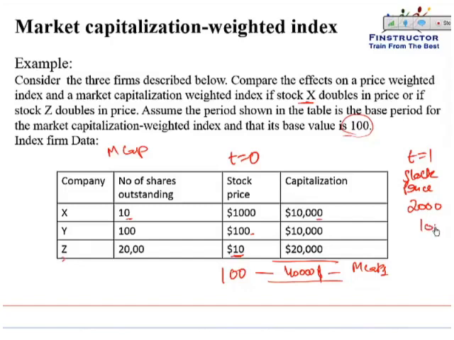The other prices remain the same, such that the value or the market capitalization at the end of t equal to 1 will become 20,000 for stock X, 10,000 for stock Y, and 20,000 for stock Z. So the total market cap at the end of the period will become 20 plus 20 plus 10, that is 50,000.